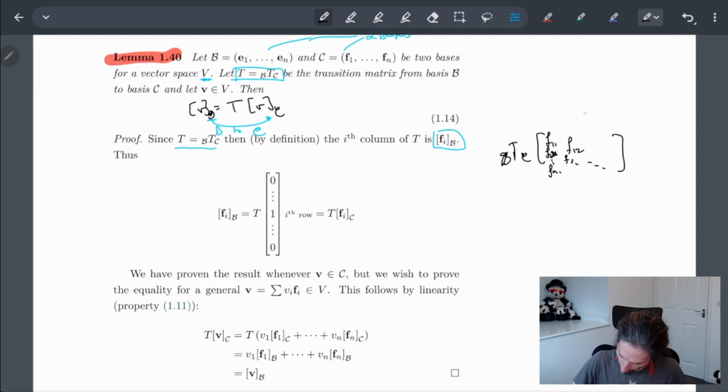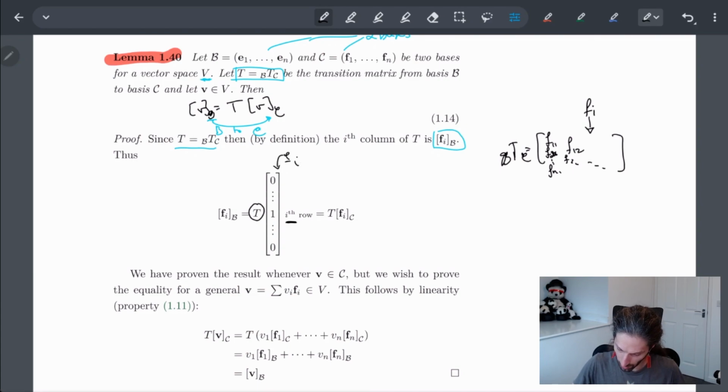So the column Fi is precisely this one somewhere in the middle. So in other words, this is going to just give us T, which is the transition matrix, right? Times the EI.